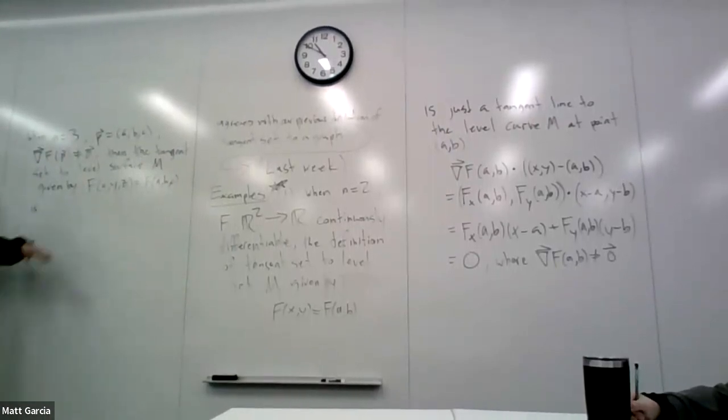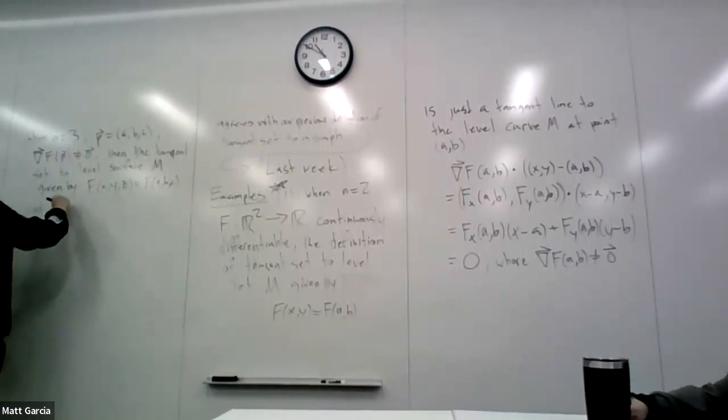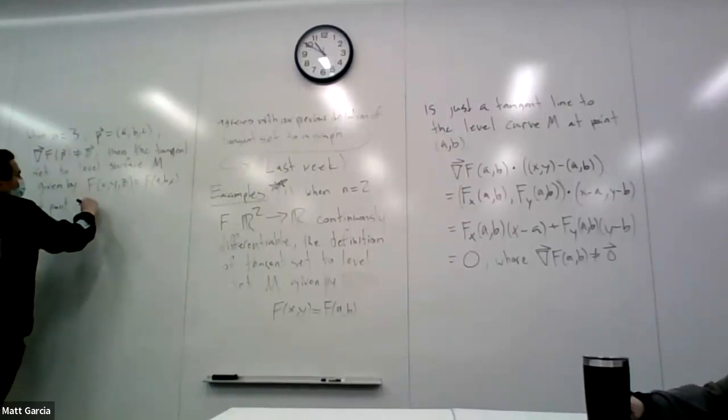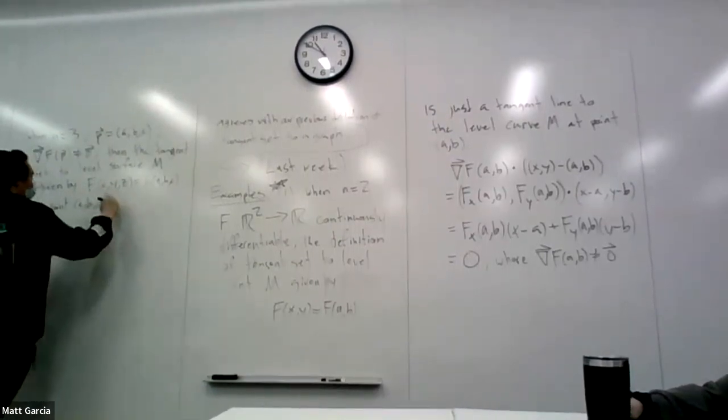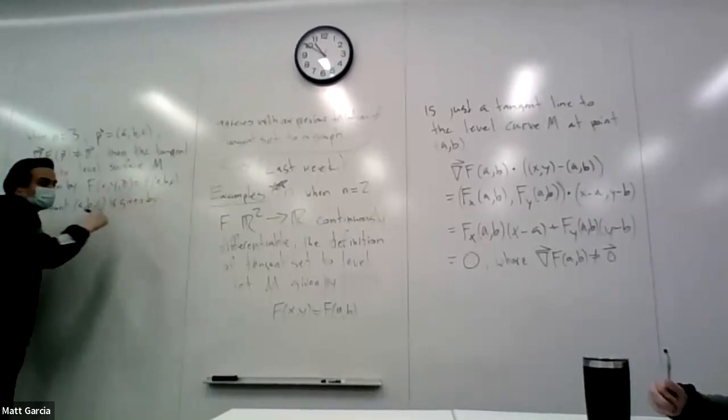For the tangent set to this level set, I should say at point a comma b comma c, is given by what?